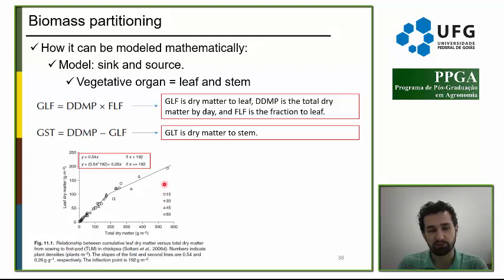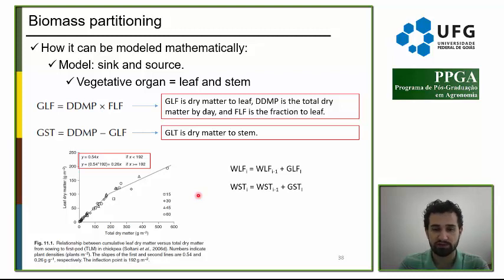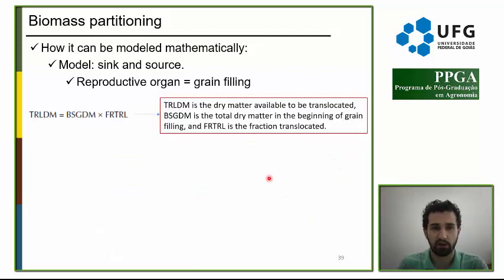And here is an example of how the total dry matter in the crop is related to the leaf dry matter. The authors use this function to define this factor for the crop. Until this point, I have an almost linear condition, and after that I have less dry mass going to leaf. This is calculated following these equations.